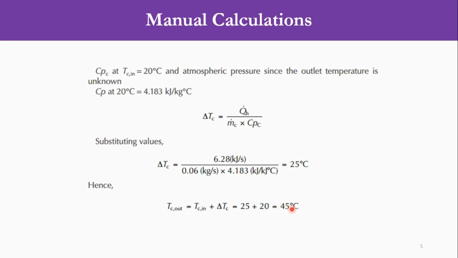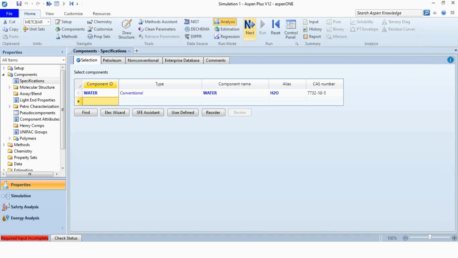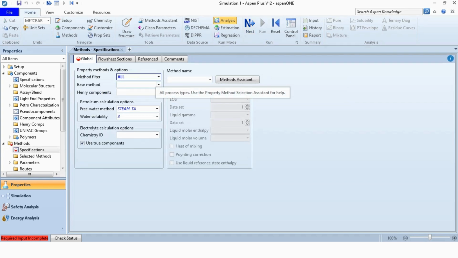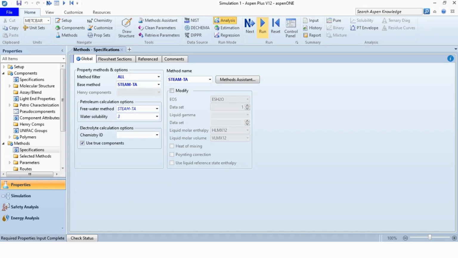Now we go to the Aspen calculations and we will see whether we get the temperature of 45 degrees centigrade and the heat flow rate of 6.28 kilojoule per second or kilowatt or not. So coming to the Aspen part, we will first add the component water, then we will add the property package, which is steam TA, then we will run the simulation.